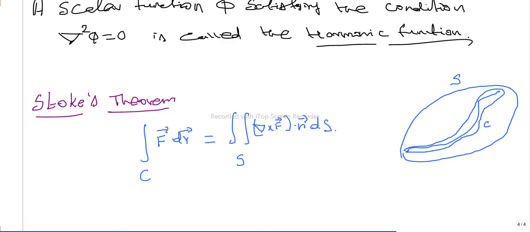So anyway, you should just remember this relation between the line integral and the surface integral. This is Stokes theorem, and actually we discussed all the important theorems. The important theorems are Stokes theorem, Gauss divergence theorem, and then Green's theorem.